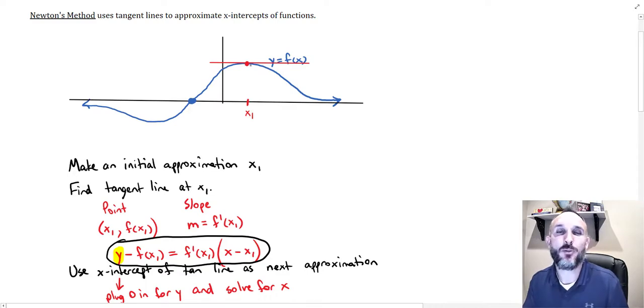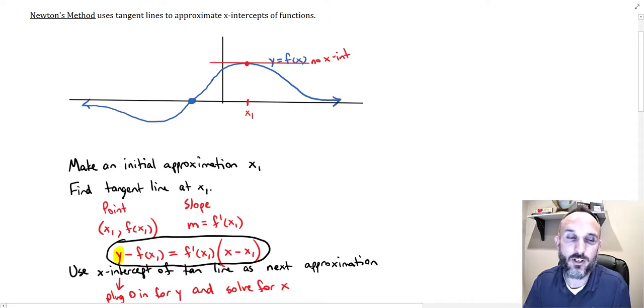The next part of the process is to find the x-intercept of this. Well, when you have a horizontal line, there is no x-intercept. So this process fails when you go to find your x-intercept. You can't do it. So that would be a bad choice for an initial approximation.